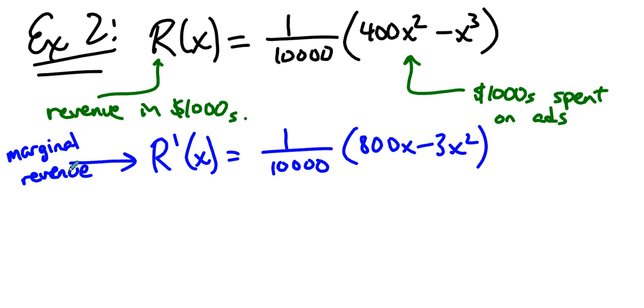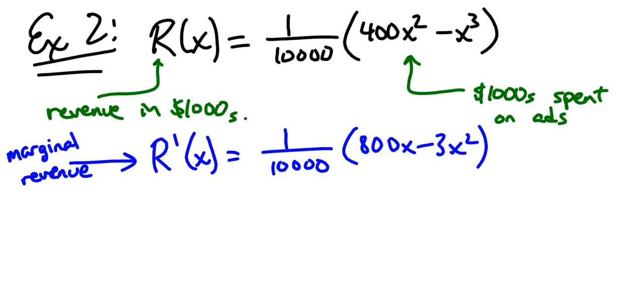So we're chugging along, we're making some certain number of products. What if we do one more? In this case, the inputs, the X values, are thousands of dollars spent on ads. So we might ask ourselves, what if we spent another $1,000 on ads? And then what if we spent another $1,000 after that, and another $1,000 after that?